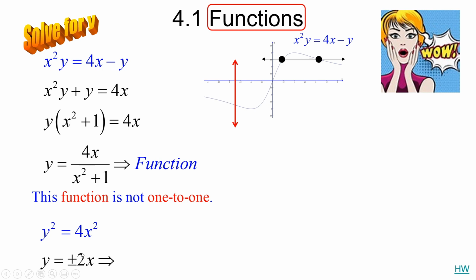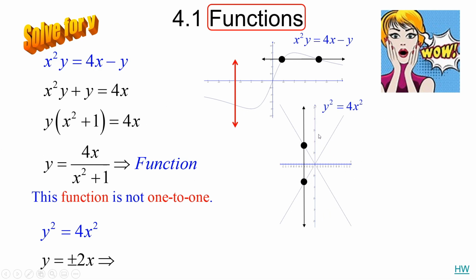Well, picture the graph of y equals 2x. That's a line going through the origin with a slope of 2. Picture the graph of y equals negative 2x. That would be a line through the origin with a slope of negative 2. So if I graph that on my calculator as two separate graphs, it would look like this X right here. And does every input x have one and only one output y?